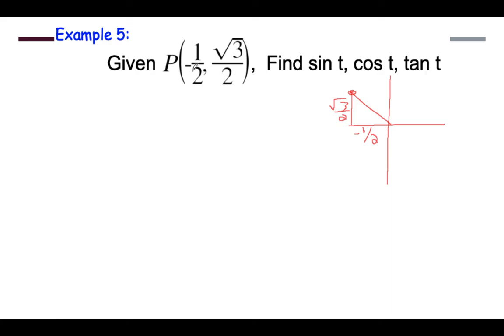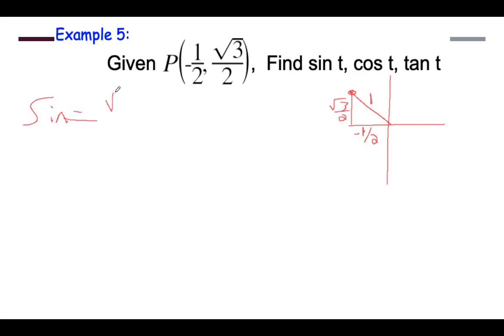Since it's a terminal point, since they give us this, we know it's on the unit circle. So you have square root of 3 over 2, negative 1 over 2, and then 1. So we could easily find sine, which would be opposite over hypotenuse.